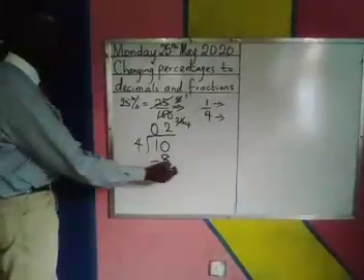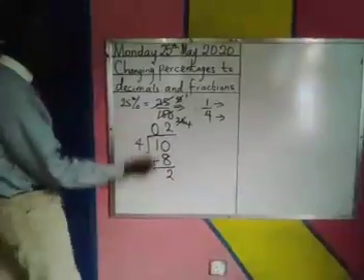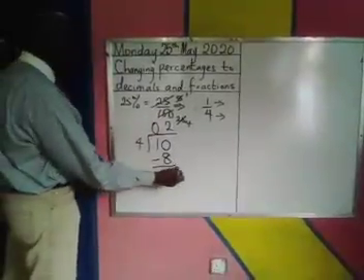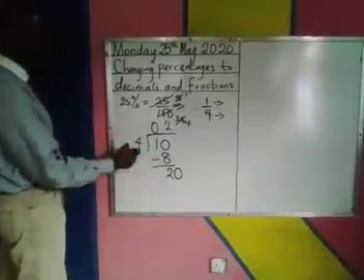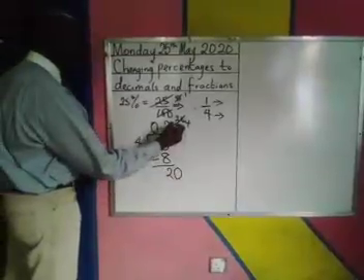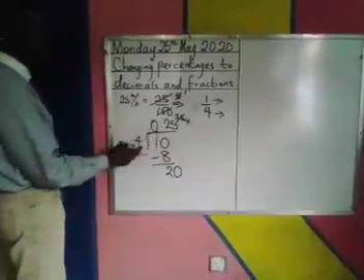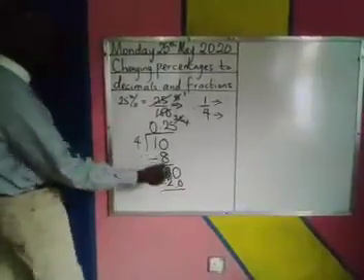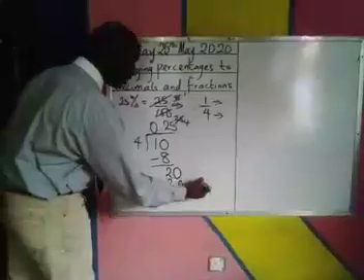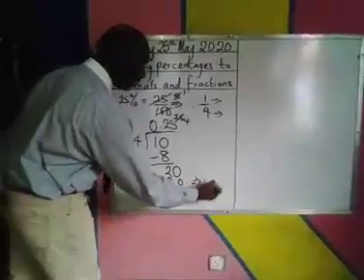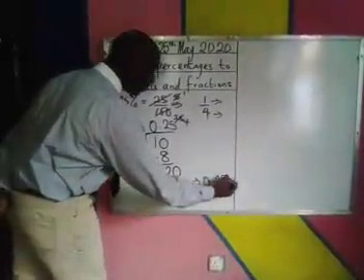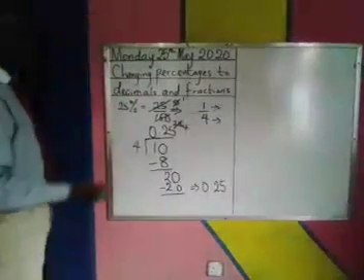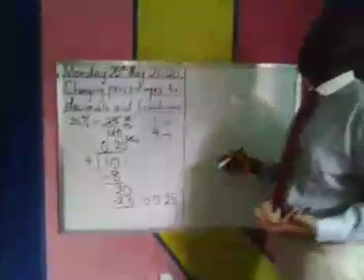Now subtract. What do you get? You get 2. But you can say 4 divided 2, so you add another 0. 4 divided 20 this time around is what? 5. 5 times 4 is what? 20. So what do we have as our decimal? Our decimal now becomes 0.25.